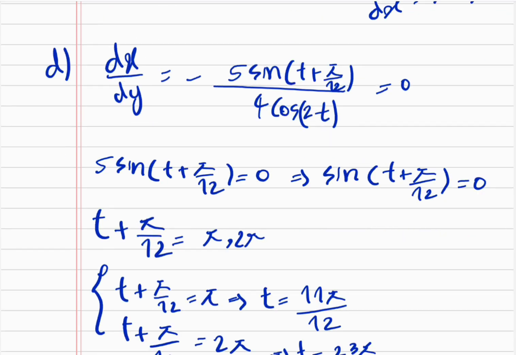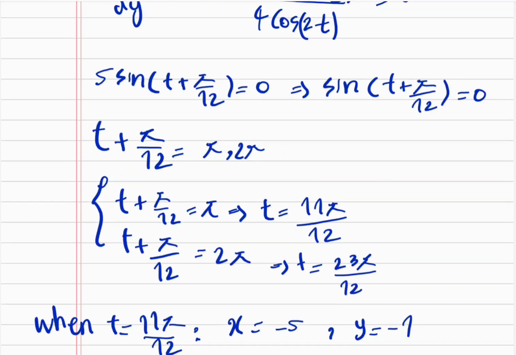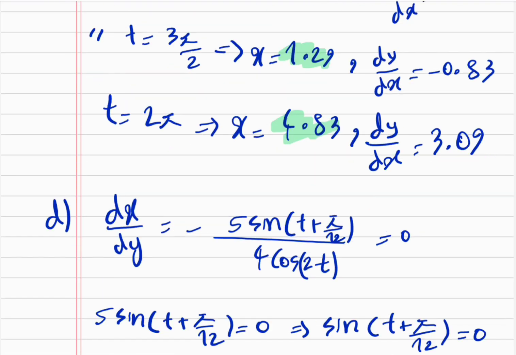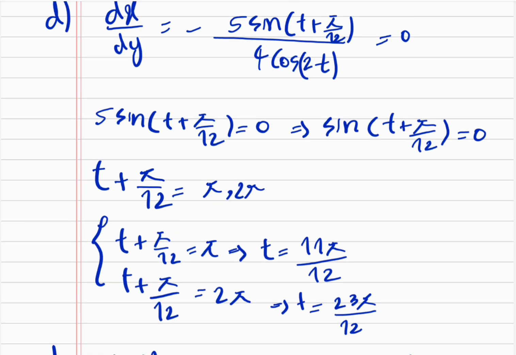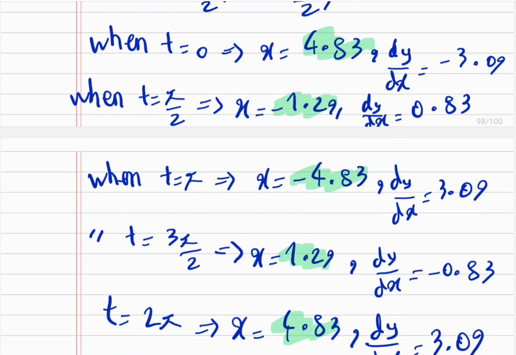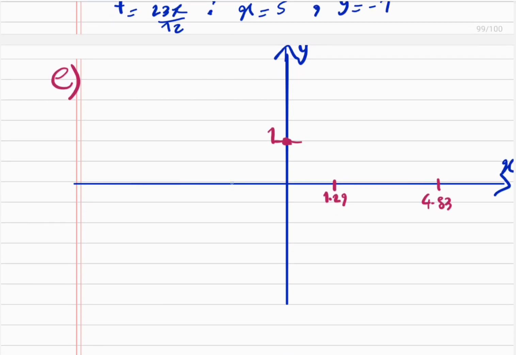One of them is 4.83, let's say it's here. The other one is 1.29, so let's say that's here. And then we have minus 1.29, then minus 4.83. Okay, these are the x and y intercepts of this curve.